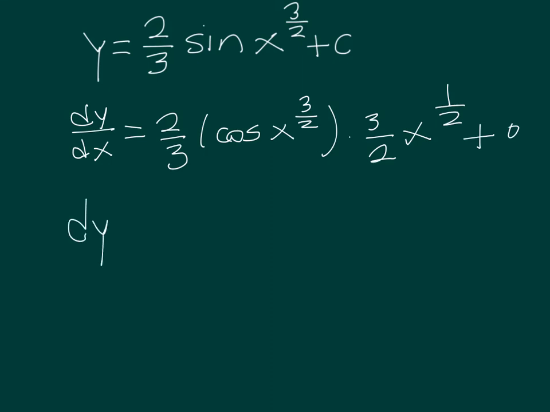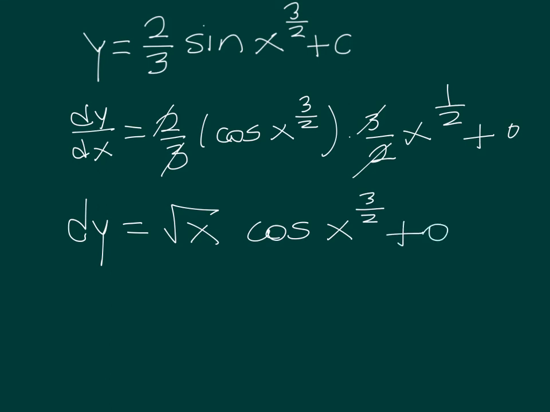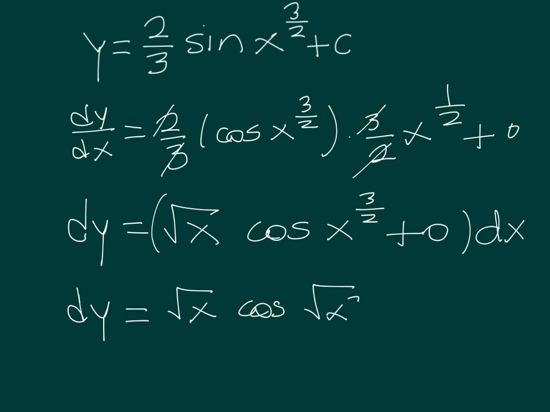So by simplifying this, 2 and 2, 3 and 3, we have the square root of x times cosine of x to the 3/2, or square root of x times cosine of square root of x cubed times dx, which I think is the original function.